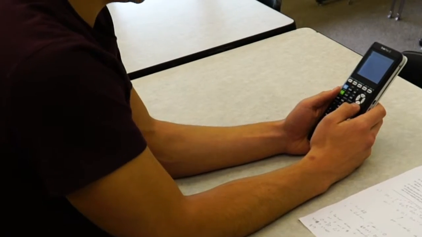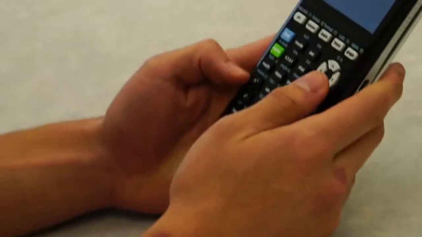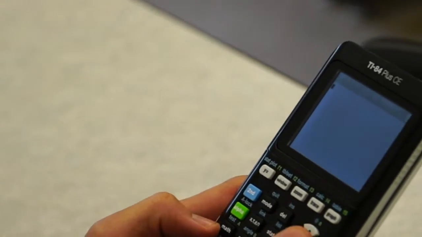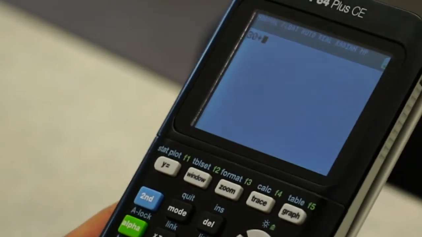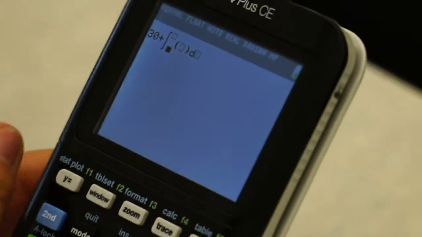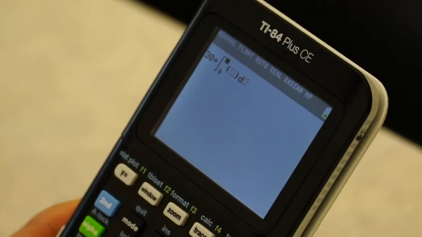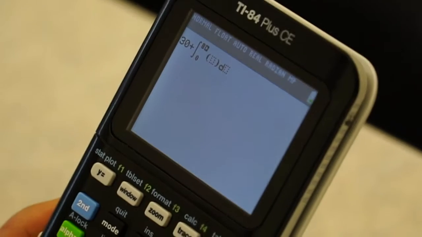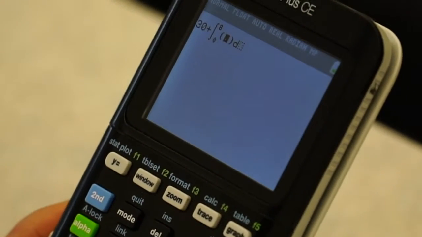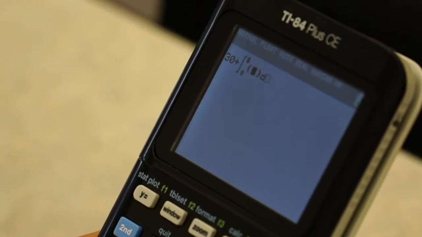So to do that, we need to enter in 8 seconds into our original equation. So the first step is to write 30, which is the initial value, and then plus math 9, which is the integrand shortcut, and then enter in 0 as our starting point, and then 8 as our stopping point, and then our entire function, which is r of t minus d of t dt.